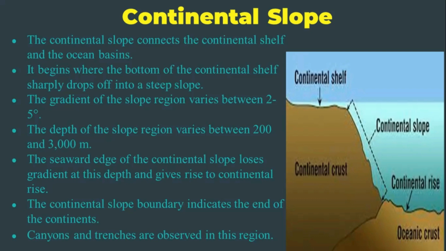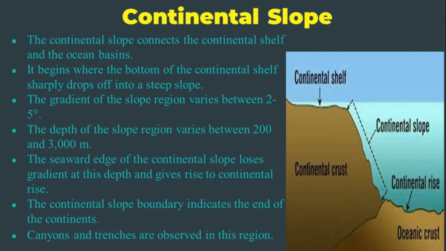Sometimes it can be more than that. That is the steepness of the slope. And you can see the depth over here and the depth over here. So obviously the depth is very high, which is about 200 to 3000 meters. And where the continental slope ends, the continental crust area also ends, or we can say where it ends starts the oceanic crust area.